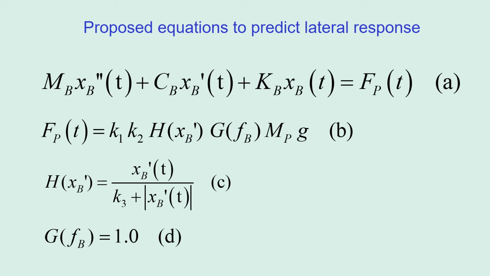Therefore, the girder response does not increase infinitely, but saturates at a certain level. G is a function to describe how pedestrians synchronize with the bridge natural frequency. Obviously, the pedestrians are most likely to synchronize at the bridge frequency around 1 Hz.